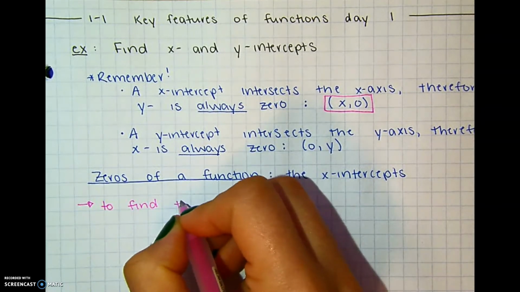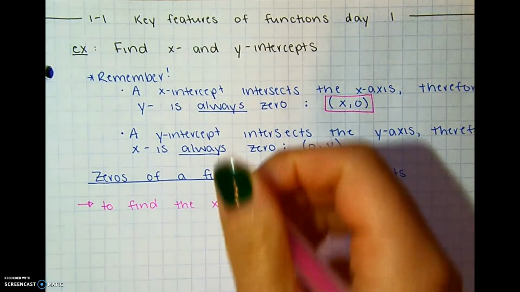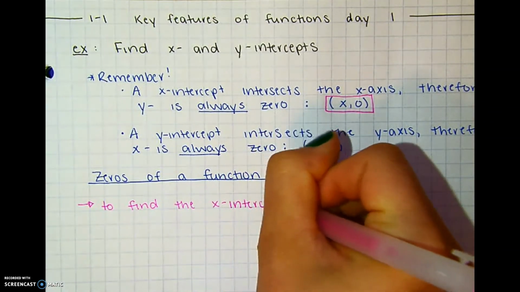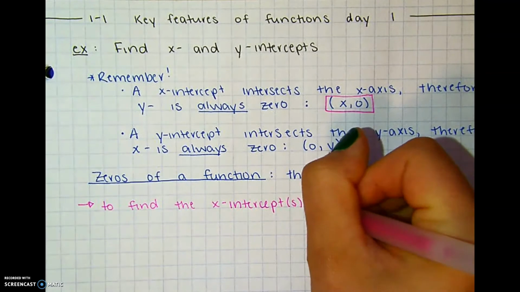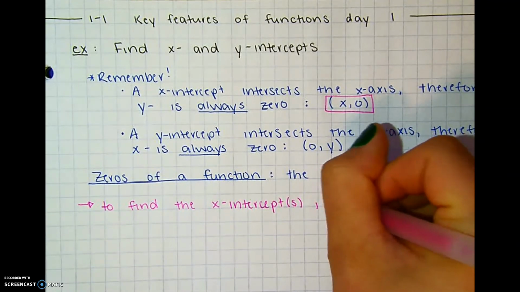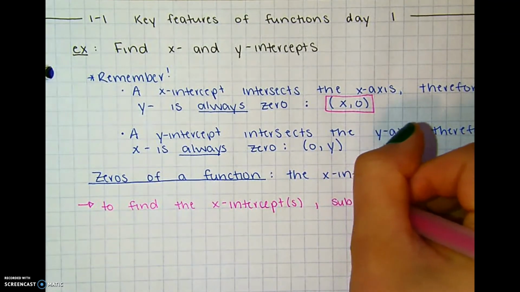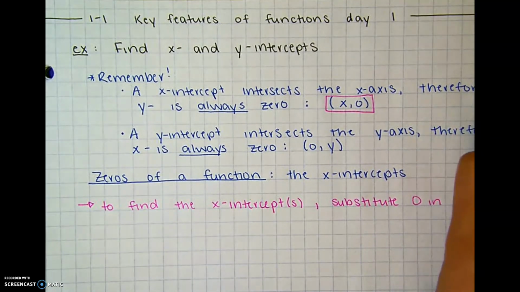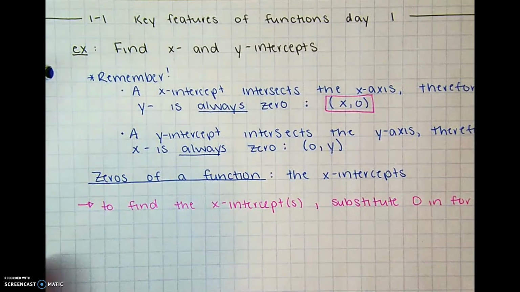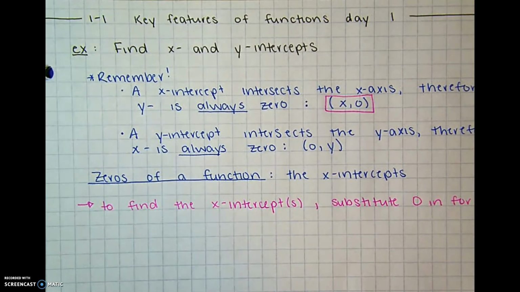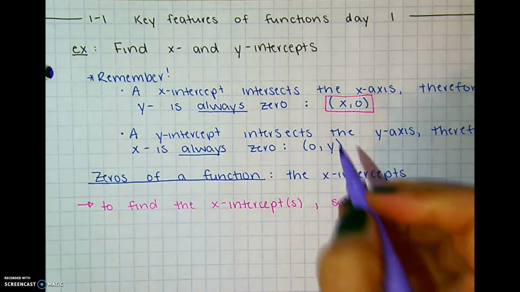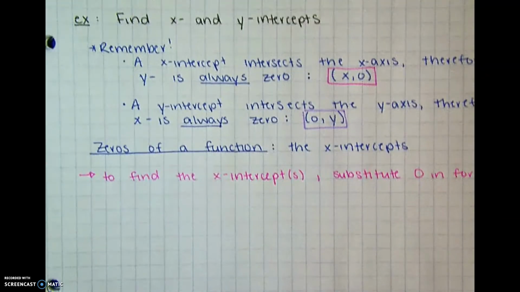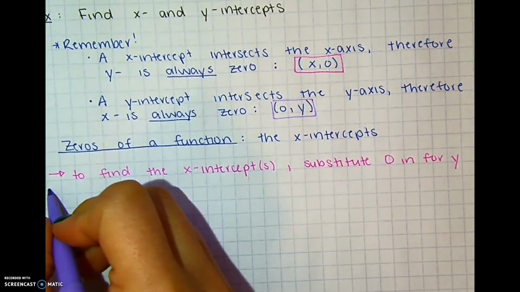So to find the x-intercept or intercepts, remember there could be more than one depending on the function, substitute 0 in for y. And then for y-intercepts, very, very similar, substitute 0 in for x.